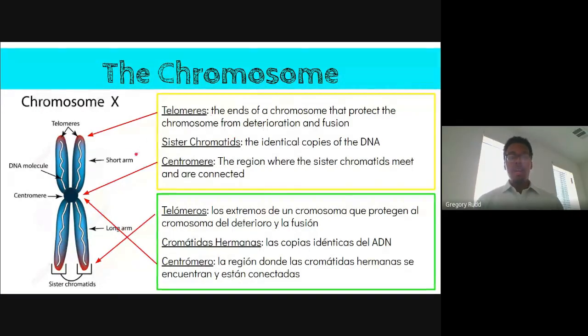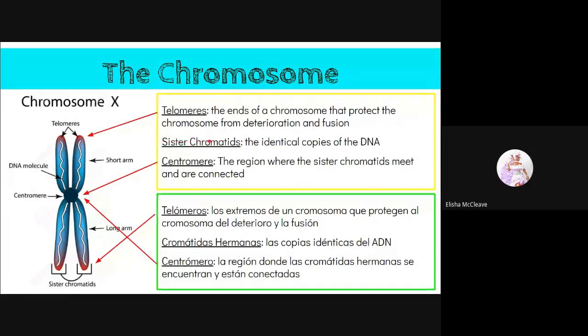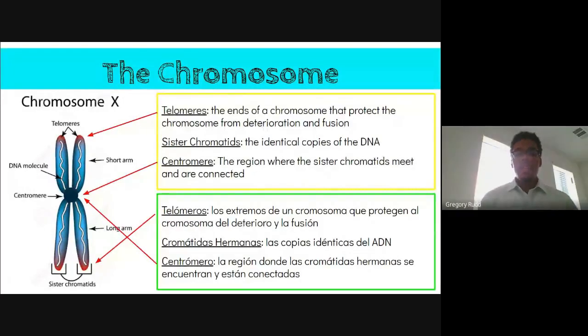I would draw an X and then highlight telomeres, draw an arrow to telomeres, centromere, draw an arrow to the centromere, and then a brief definition of sister chromatids. Before you go to the next slide, I want to let you know I'm still writing. Thank you. So the centromere is just the region where the two sister chromatids meet, where they're connected.